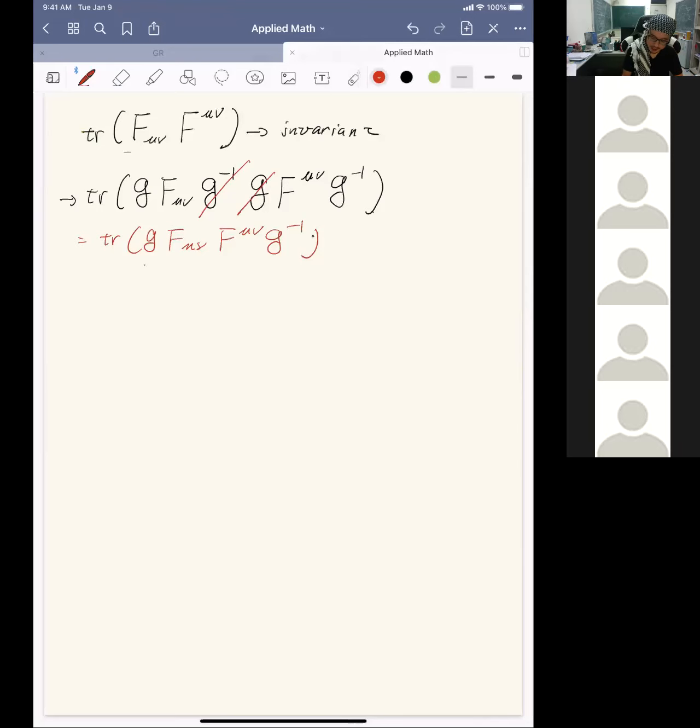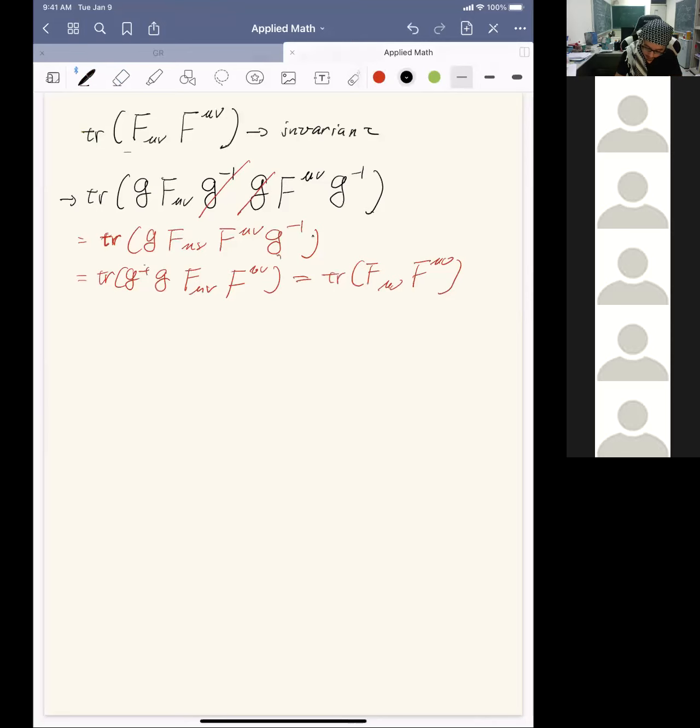Good, because we're sitting inside a trace, we can take the cyclic transfer, so we can rotate this, and this is equal to the trace of G^{-1} G F_μν F^μν, and therefore this is indeed invariant. So we see that the trace of F_μν F^μν is invariant.